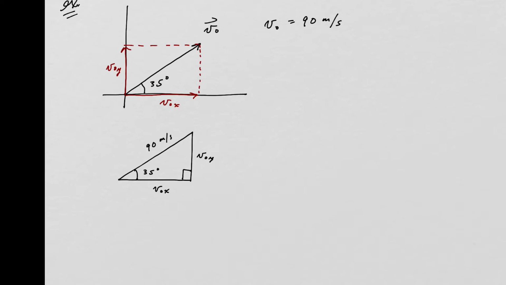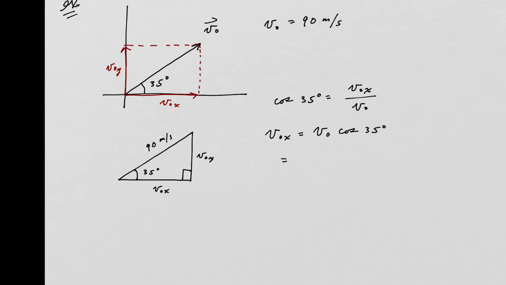So I know that cosine of 35 degrees must be the length of the adjacent side divided by the length of the hypotenuse, which is the magnitude of v naught, right? So that means v naught x is simply going to be v naught times cosine of 35 degrees.